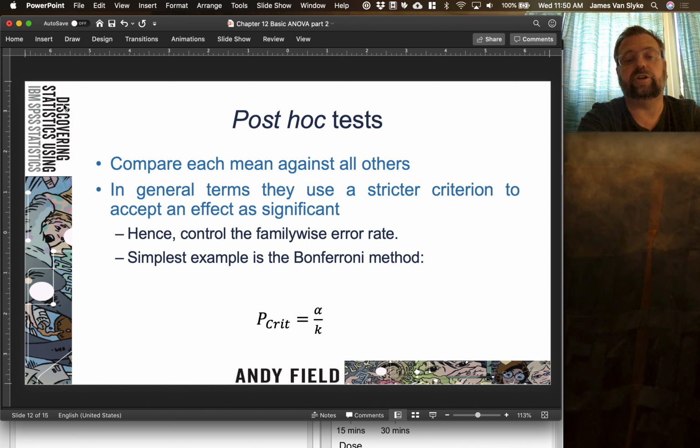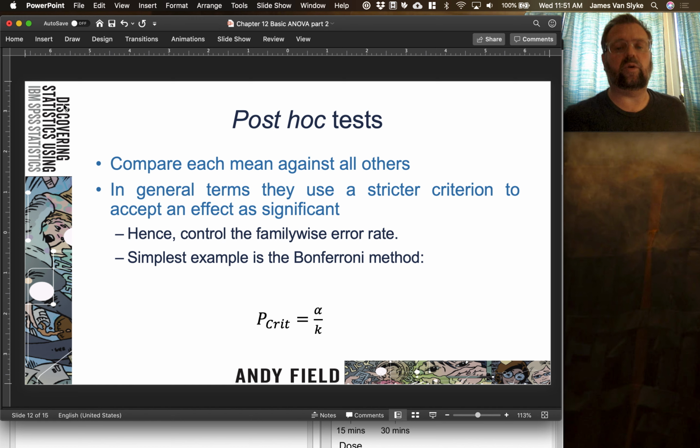And so hence you control what's called the family-wise error rate. So post hoc tests, because there's often more hypotheses occurring at the same time, because you're comparing each group to each other, you control for what's called the family-wise error rate, the increase in number of null hypotheses that you're testing at the same time.